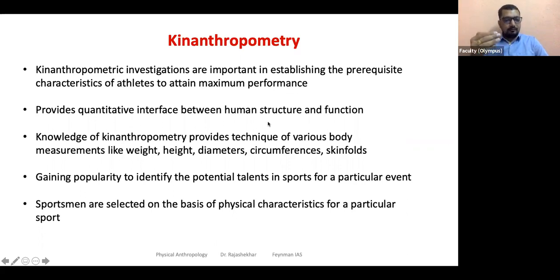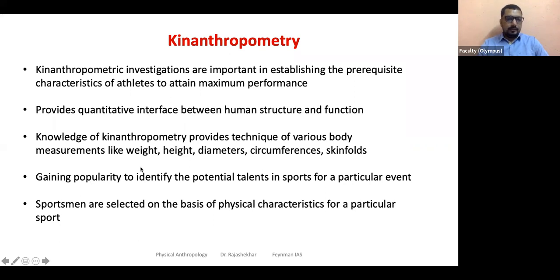So how is this done? By taking measurements of some key elements of the human body which are relevant to the functional aspect. And this is becoming more and more common these days. As I was telling you, given there is a high amount of competition to win between countries, this is definitely gaining popularity and being used in identifying potential sportsmen for a particular field.